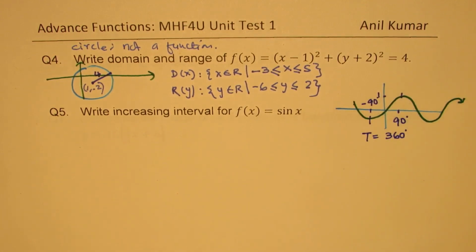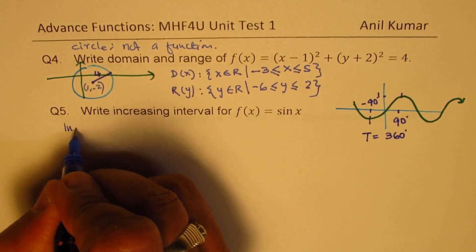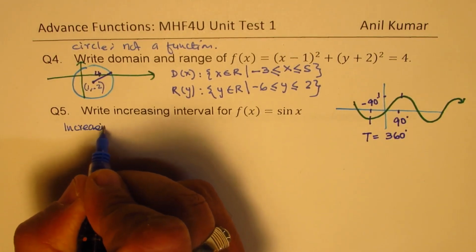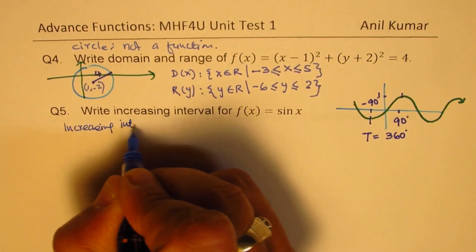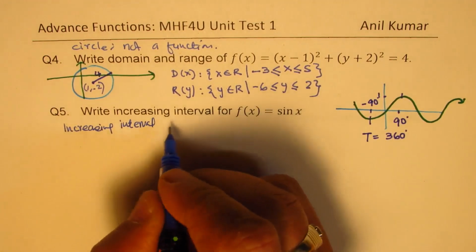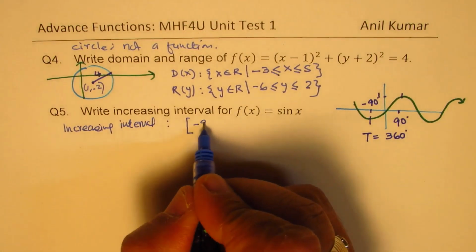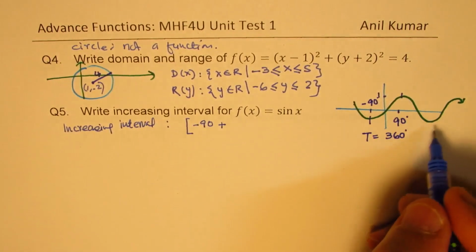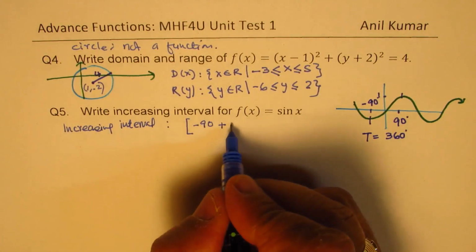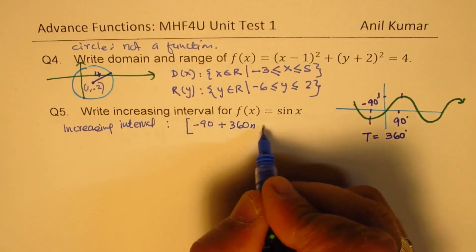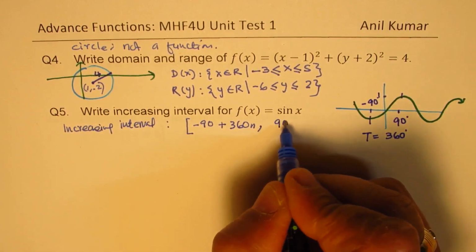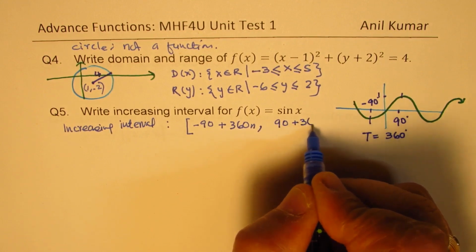So we can say that the increasing interval is from minus 90 plus 360n, since it repeats after every cycle, to plus 90 plus 360n, right?